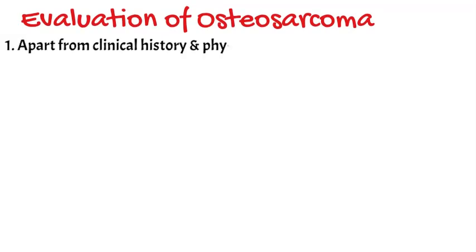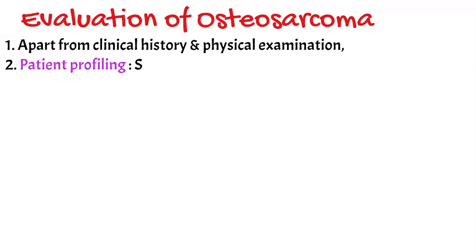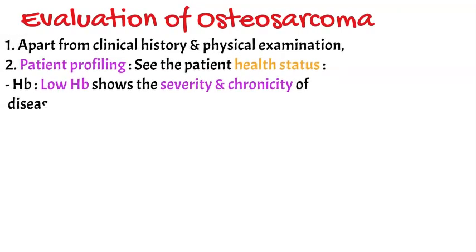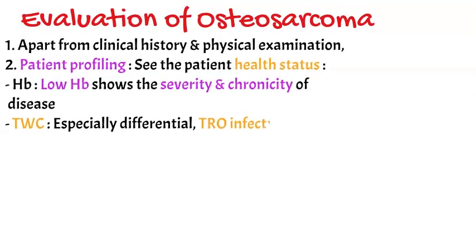Regarding evaluation of the osteosarcoma patient, number 1, apart from clinical history and physical examination. Number 2, we do blood investigation for patient profiling to see the patient's health status. For full blood count, low hemoglobin shows the severity and chronicity of the disease.